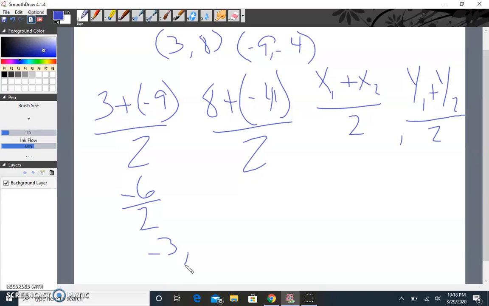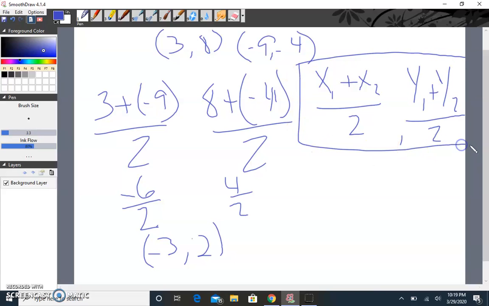We have 8 plus a negative 4. 8 minus 4 is 4 over 2, which gives us 2. So our new ordered pair for our midpoint is negative 3, 2. Our x is negative 3, our y is 2. So our midpoint formula is this right here.